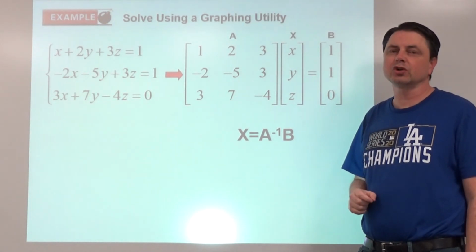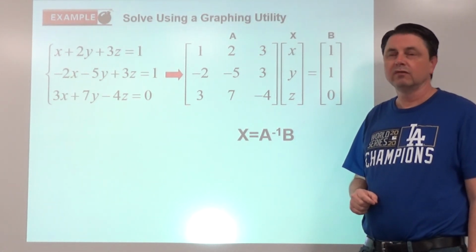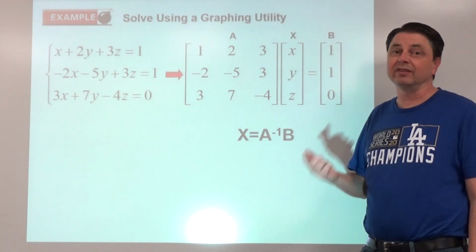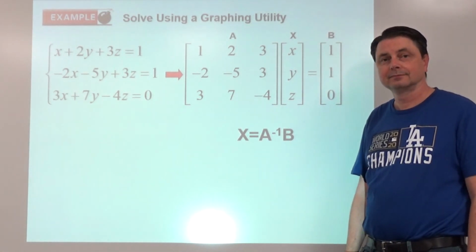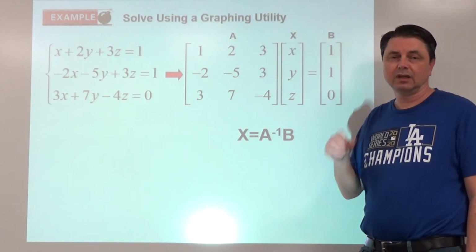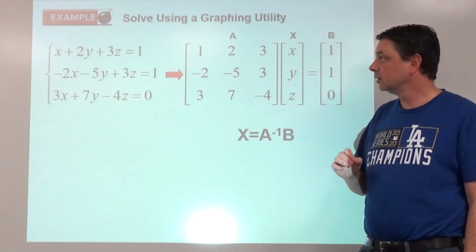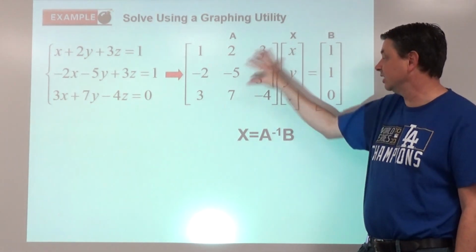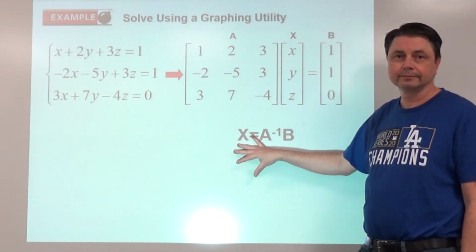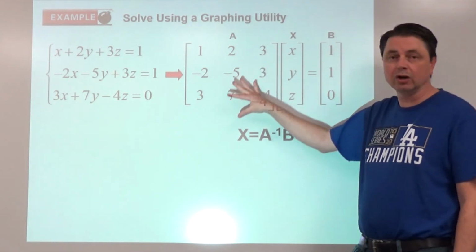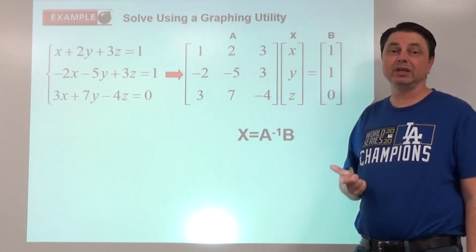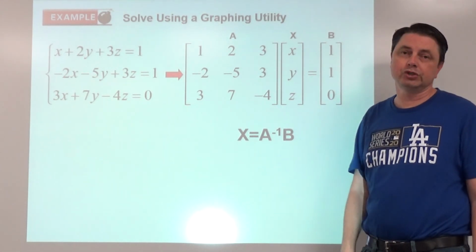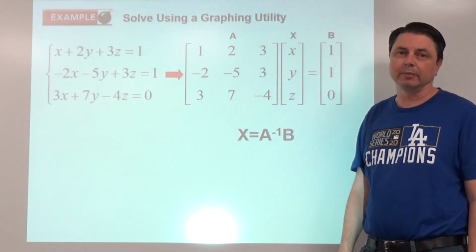What do you think the determinant is for a square matrix that's going to lead to no solution or infinitely many? 0. When the determinant is 0, the matrix doesn't have an inverse. So if it doesn't have an inverse, this isn't going to work. So if you come up with an error when you try doing it, that could be the issue. It might be that the system has infinitely many or no solutions, and we need to find that by a different method.